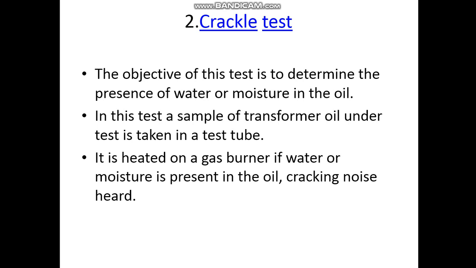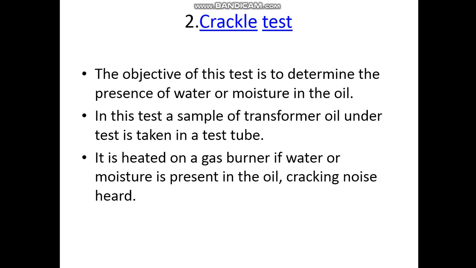In this test, we take a sample of transformer oil in a test tube. Then it is heated on a gas burner. That's what we are doing. We have taken an oil sample in a test tube and heated that test tube with the help of a gas burner. If water or moisture is present in the oil, a cracking noise is heard.